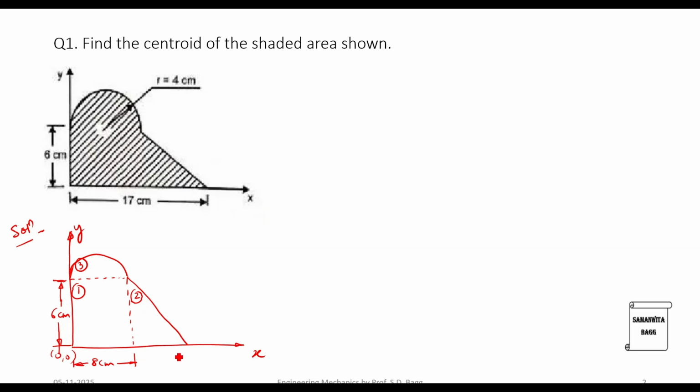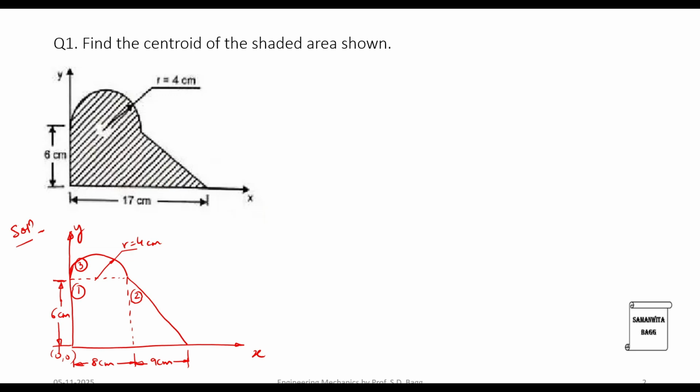We need this distance of the base of the right angle triangle. This is going to be 9 centimeter because this is 8. This height is again 6. For the semicircle, we know the radius is 4. This is 4 centimeter. So we have drawn this shape.